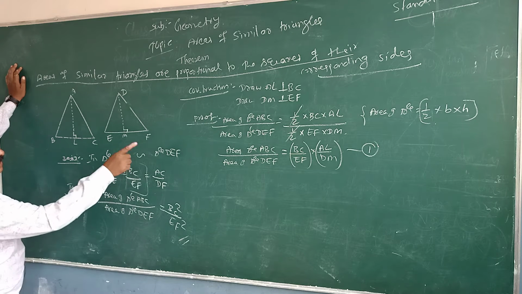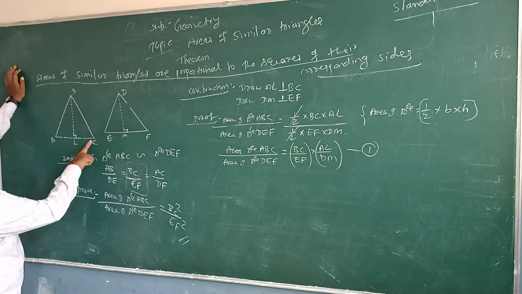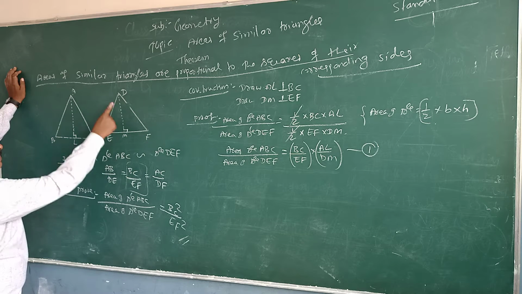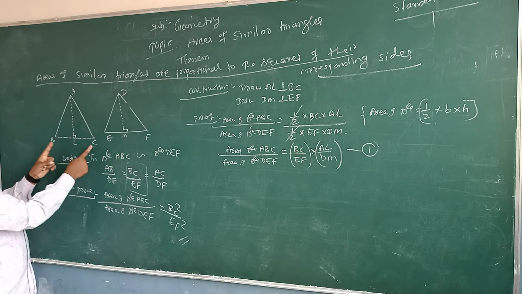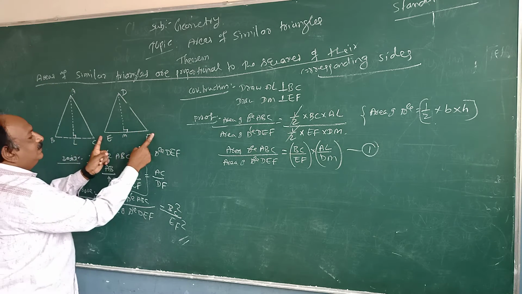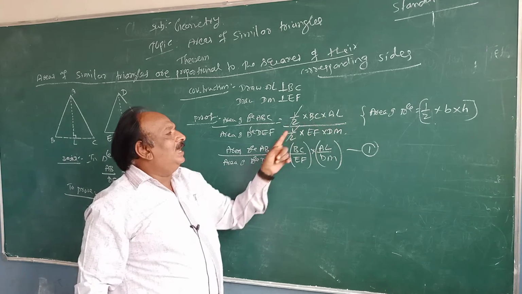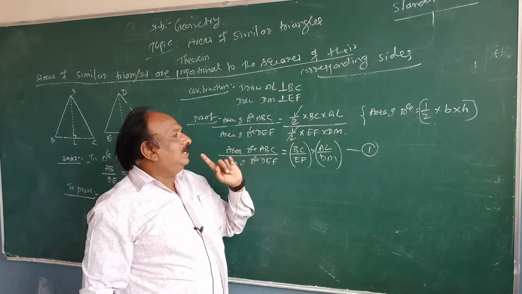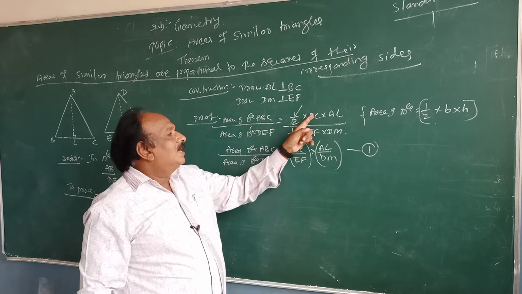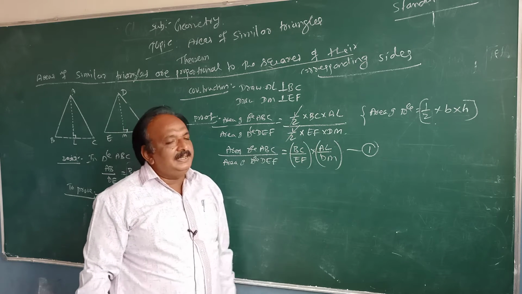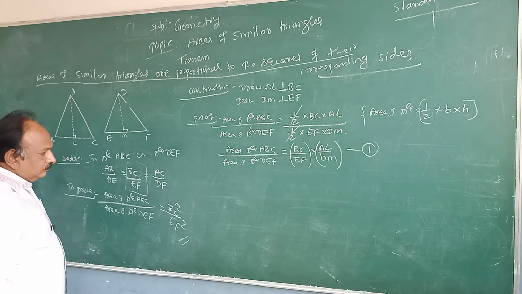Area of triangle ABC: half into base BC, height AL; base EF, height DM. This is the base, this is the height. Half into BC into AL, half into EF into DM, half and half cancel. BC divided by EF into AL divided by DM. Call it equation number 1.